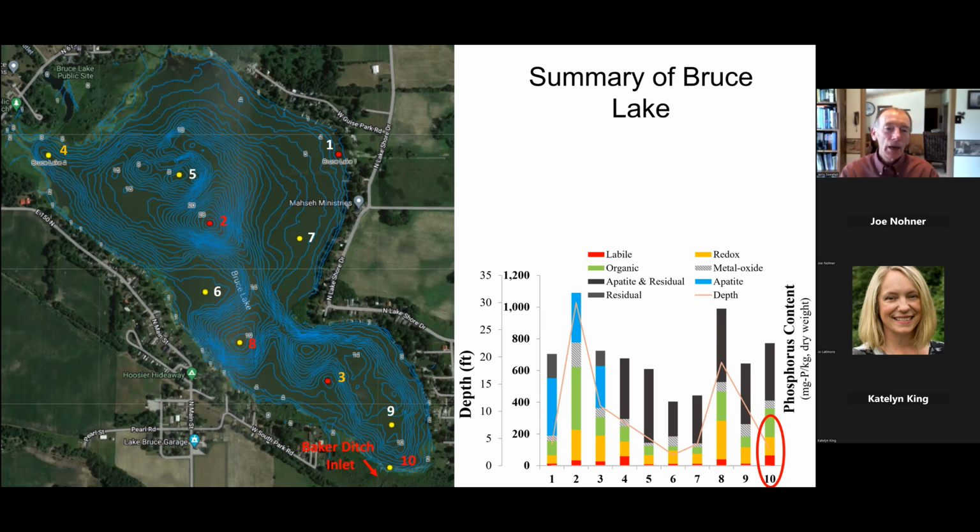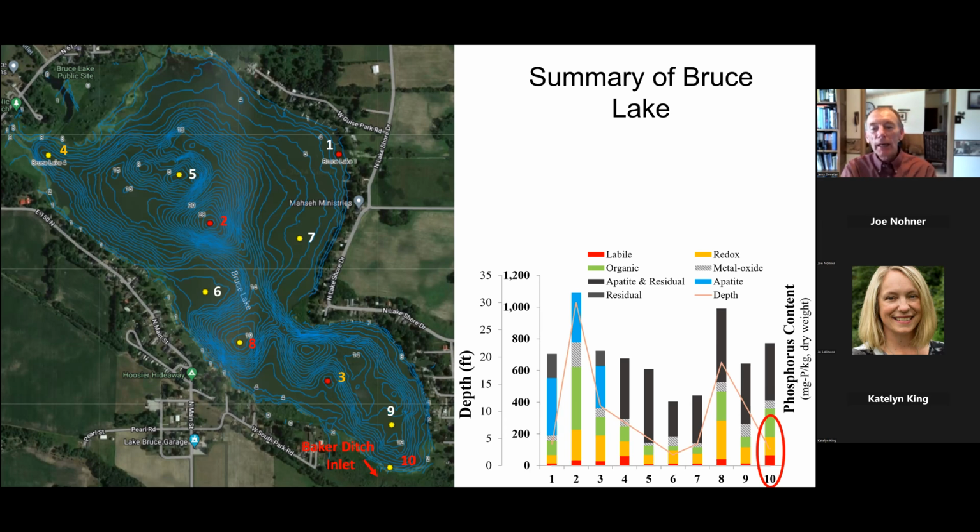And you'll notice that we've actually targeted the deeper parts of the lake, and we targeted where the inflows enter into the lake. So where you see Baker Ditch Inlet, that is a place where we had a gauge. If you go up to site number 1, that's the Overmeyer Ditch, where I took a picture and showed you a picture of the blue-green algae bloom earlier. And that drains the largest part of the watershed.